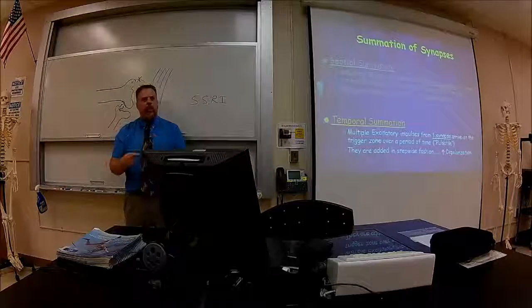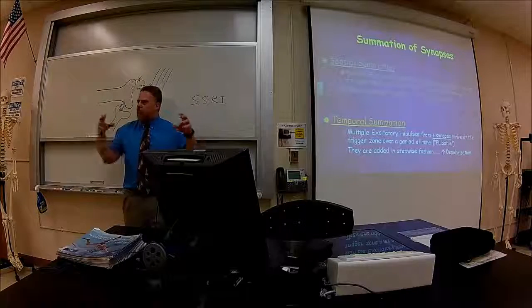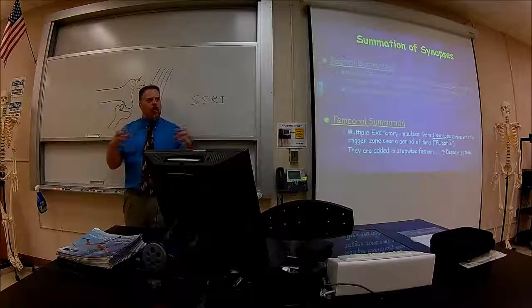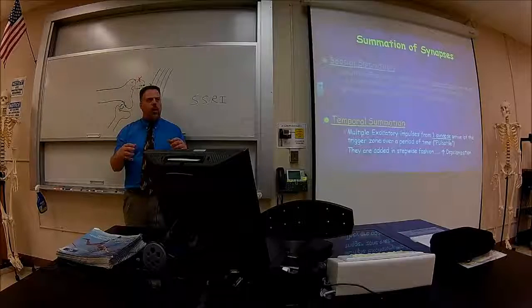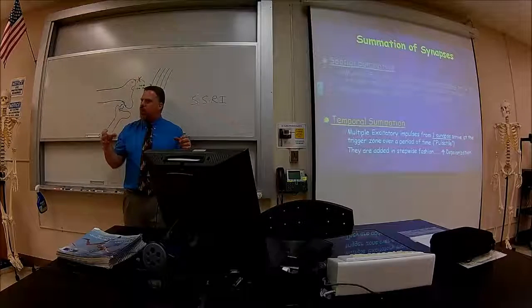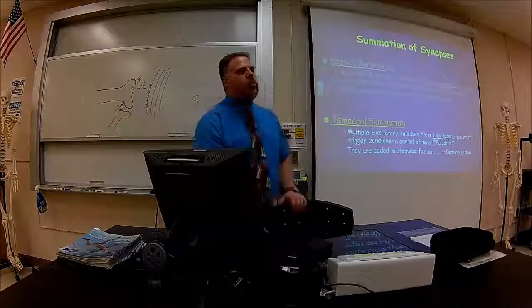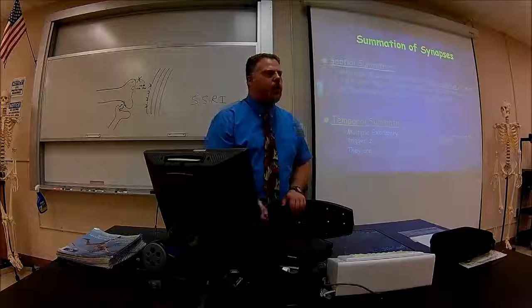So the frequency, the spatial one, a lot of different neurons are going to synapse with that one neuron, and it doesn't need that much from each, they don't need the frequency. But if you only have one, then you're going to need to increase the frequency of that one.